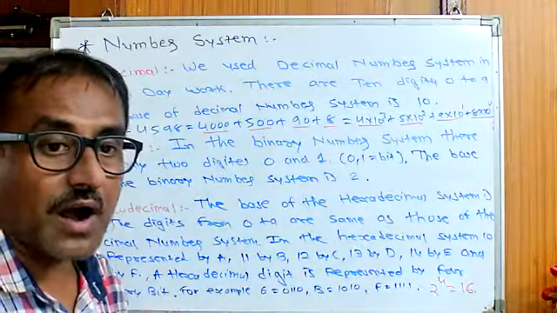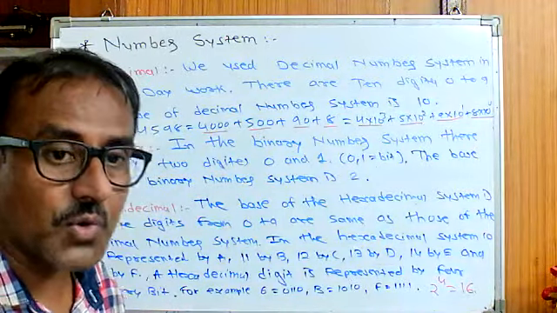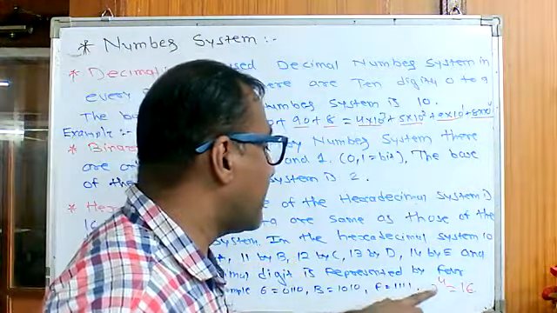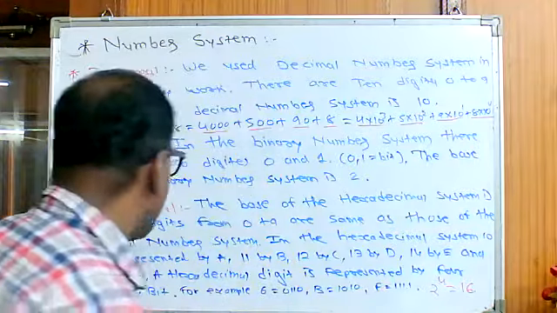That is 2, 4, 8, 16. So the base 16 corresponds to 4-bit binary.